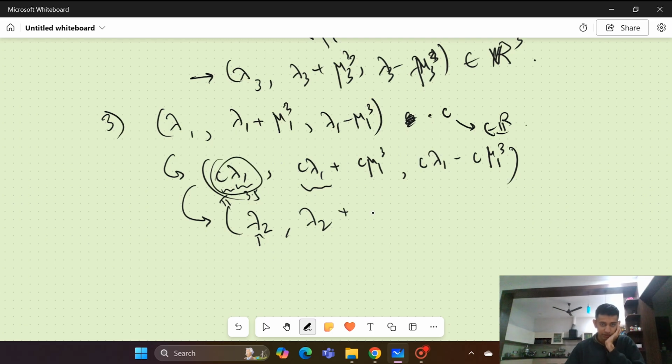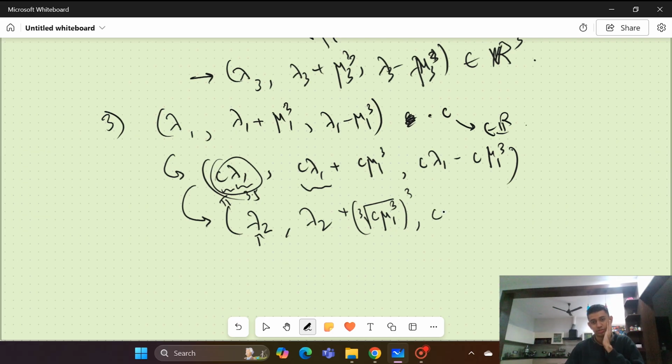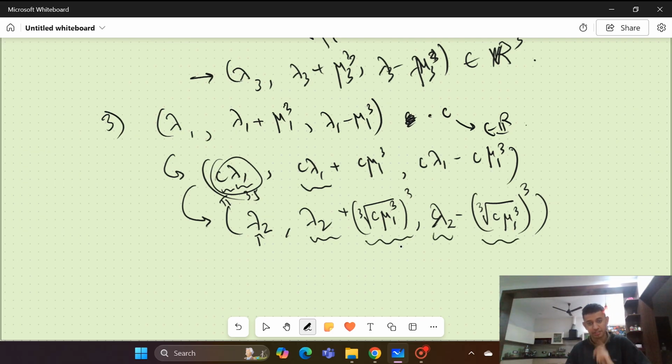We can rewrite this as something like cube root of c mu 1 cube, whole to the power cube, and then this is lambda 2 again minus cube root of c mu 1 cube whole cube. Again, these are real numbers, and we must now just say this is a real number. Why?